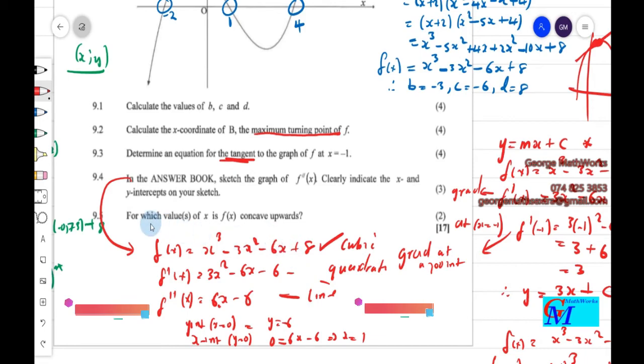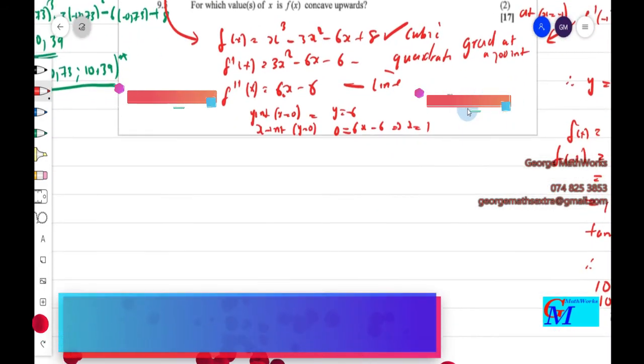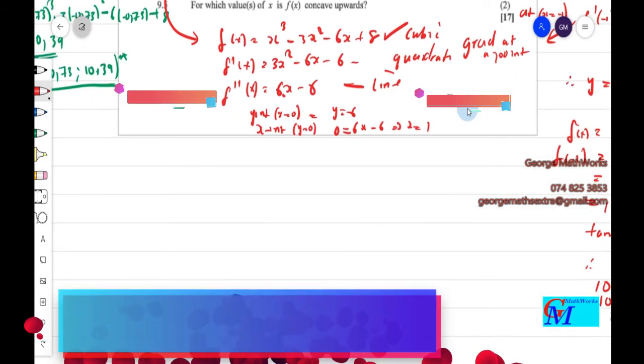Then there is this question which says, for which values of x is f of x concave up? This is now 9.5. Concave up means that the second derivative at a given point should be greater than 0.